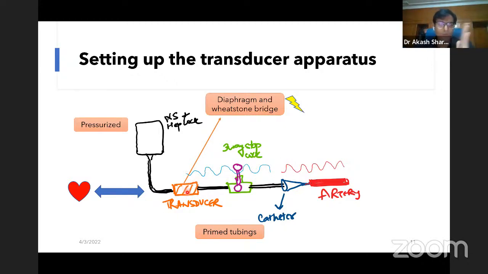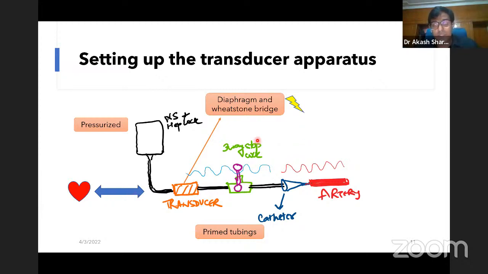There is a dome inside the transducer which oscillates when this pressure is transmitted to it. This diaphragm or dome converts mechanical energy into electrical energy, which is then analyzed by the multipara monitor and converted into arterial blood pressure, depending on how much the dome is moving.